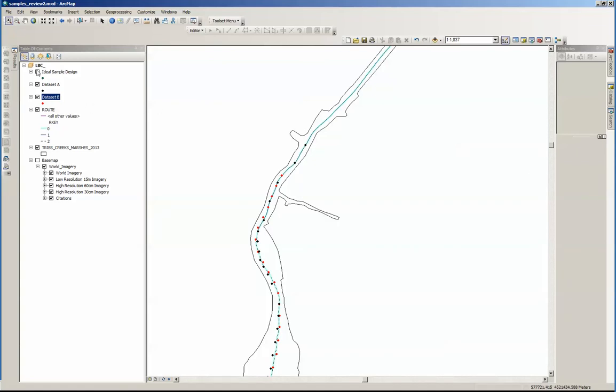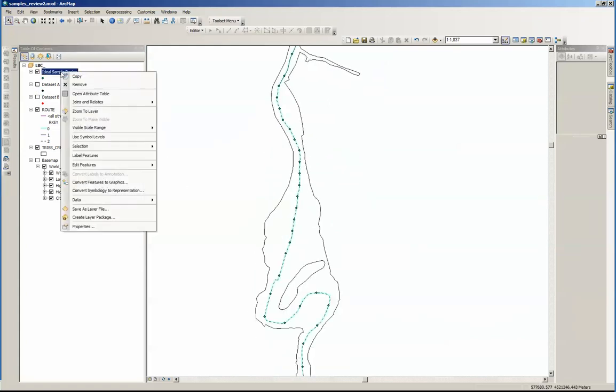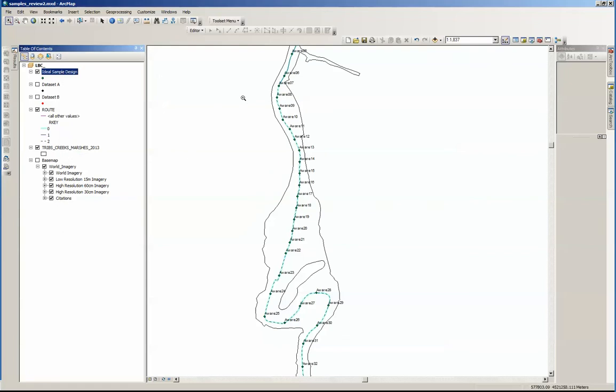So again, I was able to just type in a data table and say, okay, here are the distances that it actually should be, and we have these values. All of these samples occur at the distances specified in the sample design.